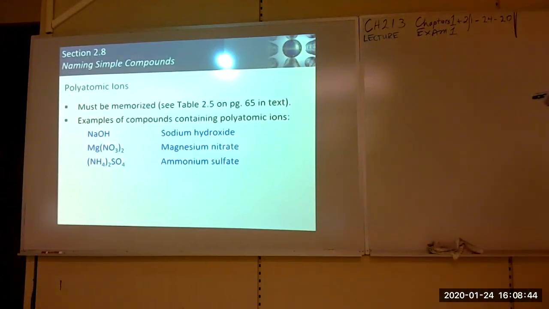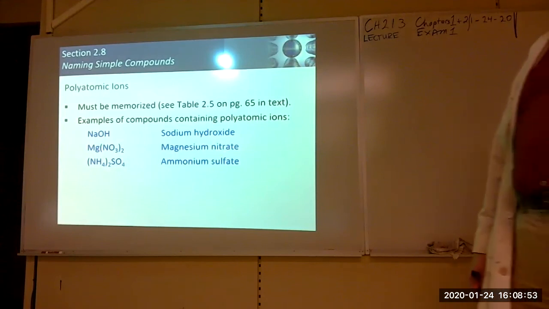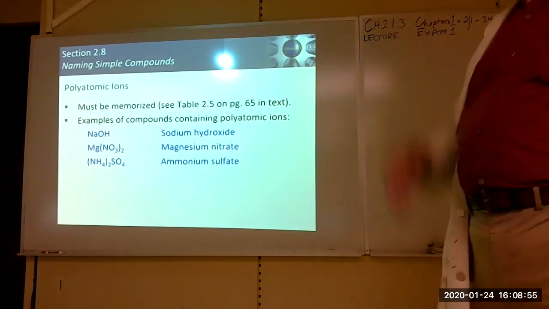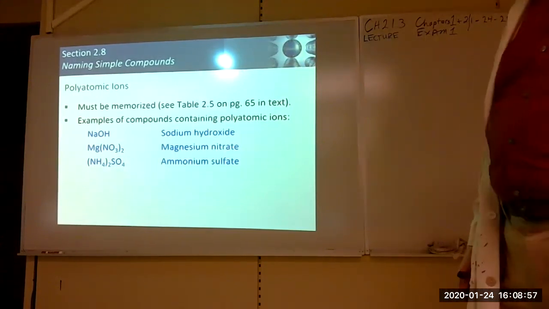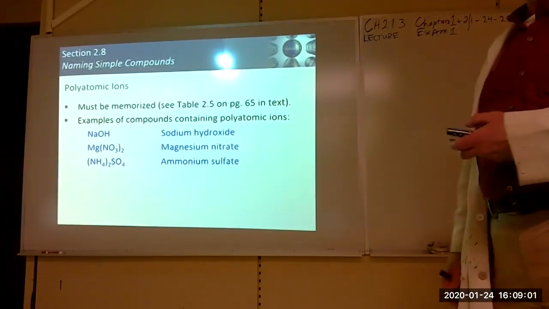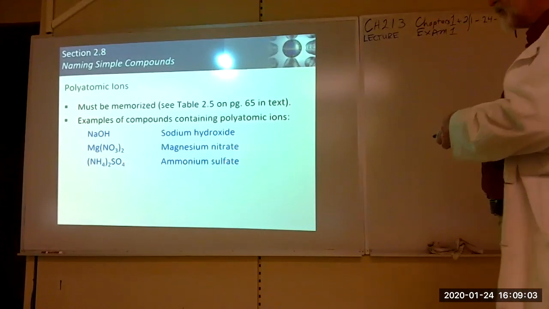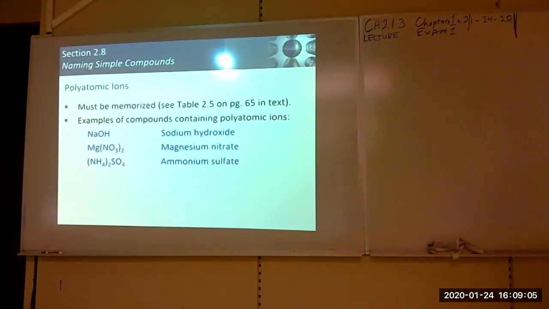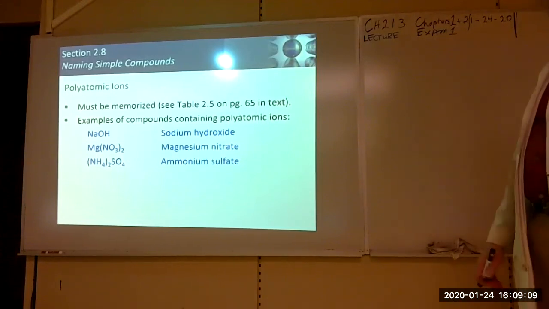And the name for the polyatomic doesn't change. NO3- is the polyatomic nitrate. Sulfate is SO4, 2-. It's always sulfate. So you don't have to change the name. You don't have to say "ide" or anything like that. You just put it in there as is.